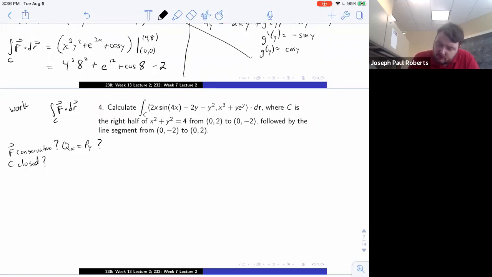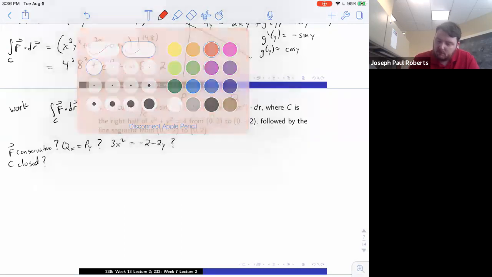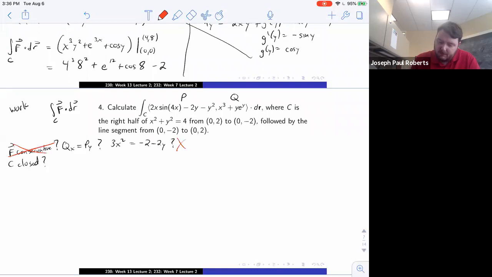Q_x is 3x squared. P_y is negative 2 minus 2y. The answer is no. So not conservative. Is this curve closed?